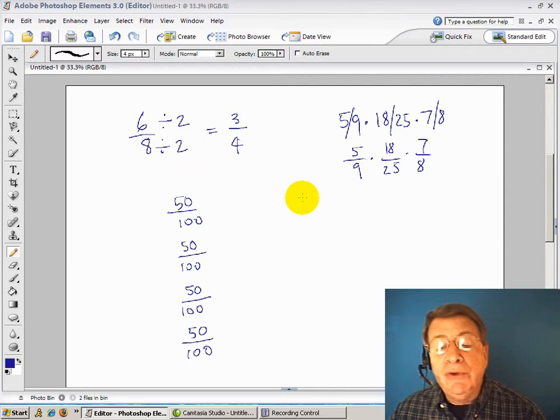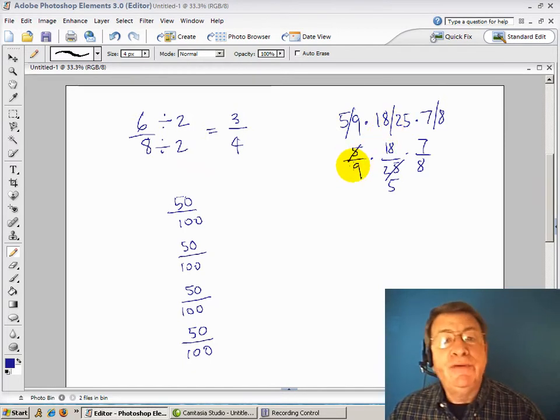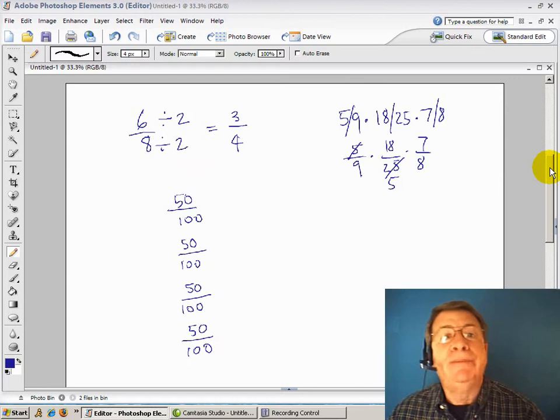Can you see that when you multiply these together, and we'll get into this more in further lessons, 5 will go into 25 5 times. But when you're looking at the initial problem written with those cute little slanted lines, you can't tell which one is top and which one is bottom, and it gets very confusing. So make sure that all of your fraction bars are horizontal.